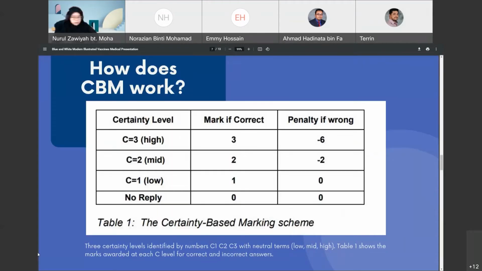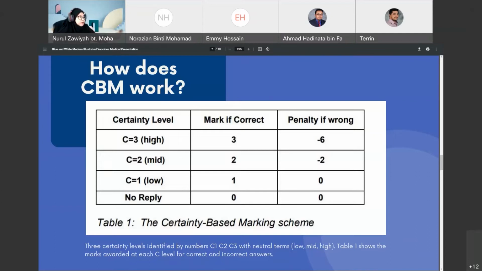All right, so how does CBM work? Okay, this is a table for CBM introduced by the professor. We only have 3 levels, C1, C2, and C3. C1 is low certainty. C2 is middle, probably correct, but probably not.